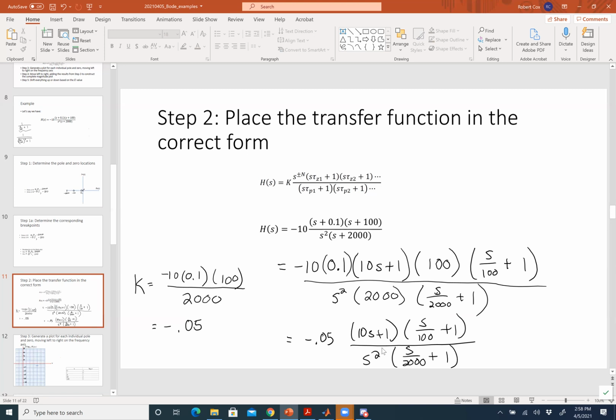Any questions about what I did there? Okay. Now, there's a negative sign in the front. What does the negative sign mean?